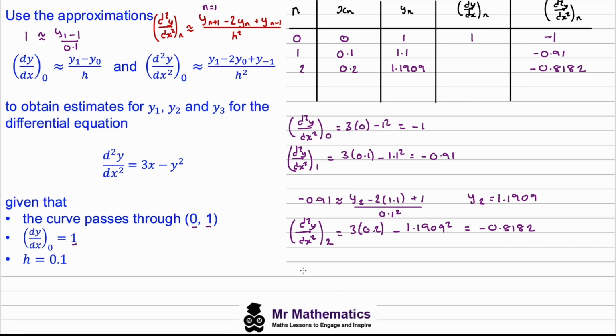But finally, to work out y3, if we go back to our iteration formula, we want this term to be y3. So n must be 2. We will take away 2 lots of y2, plus 2 take away 1, y1. And this term will be the negative 0.8182.